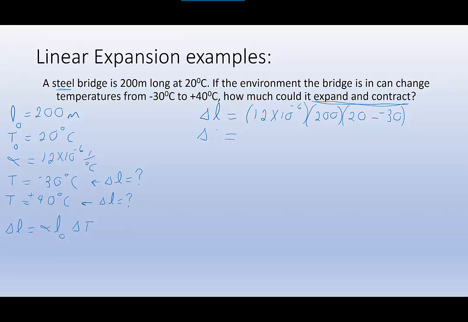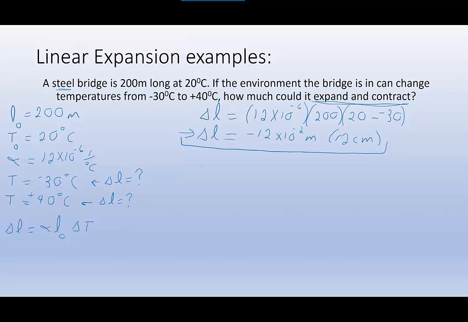My delta L for my contraction, if I do that math out, is -12 times 10 to the -2, or 12 centimeters. So my 200 meter bridge is going to contract 12 centimeters if it gets down to as cold as it can go. So it's going to get shorter, and you have to make sure you have allowances, at least 12 centimeters at each end holding up the bridge.